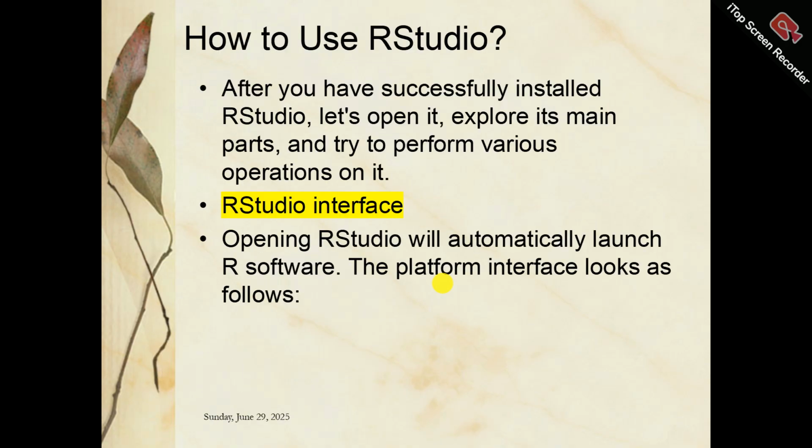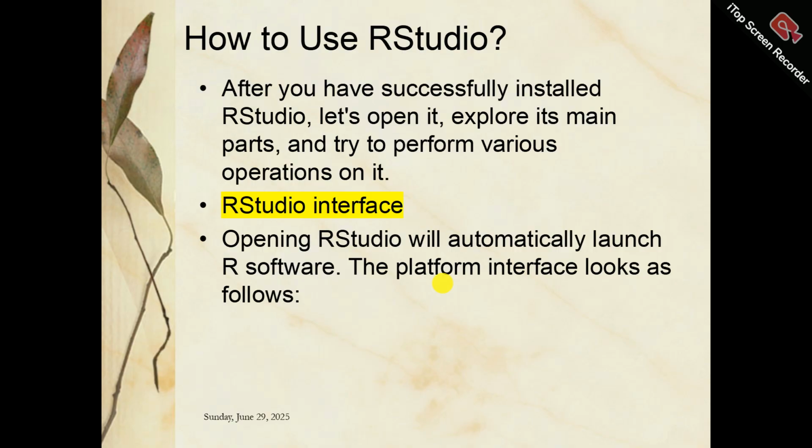Now the question is how to use RStudio. After we have successfully installed RStudio, we'll open it and explore its main parts and try to perform various operations on it. So we start with the RStudio interface.